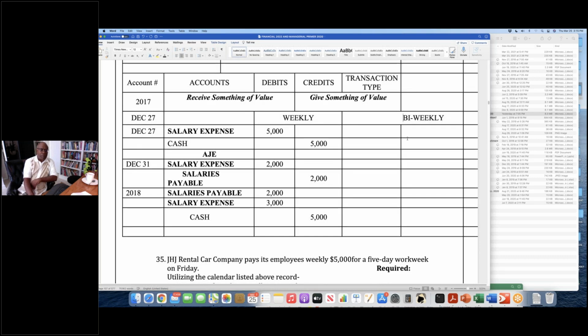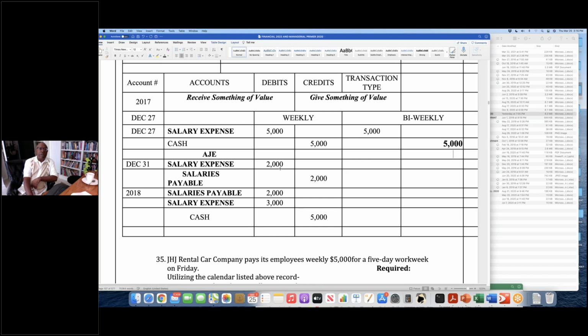So when December 27 rolls around, you have to pay $5,000, okay? Does that make sense? Yes. Now when we get ready to accrue for the 2 days, how much are we going to accrue?